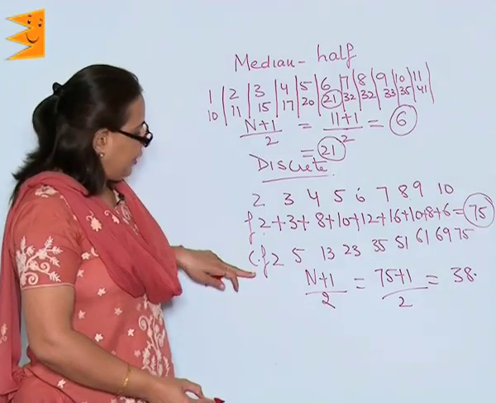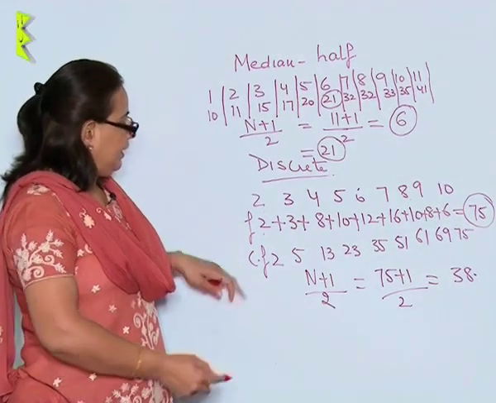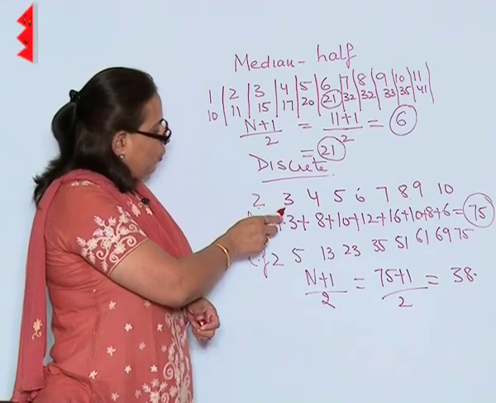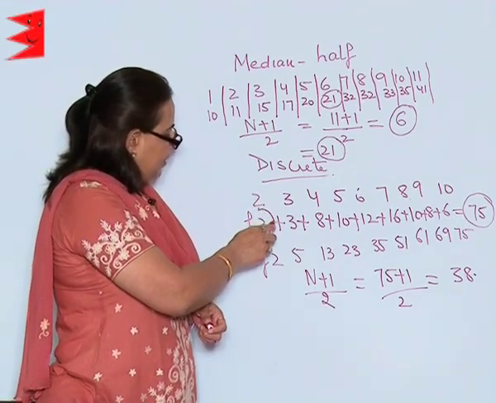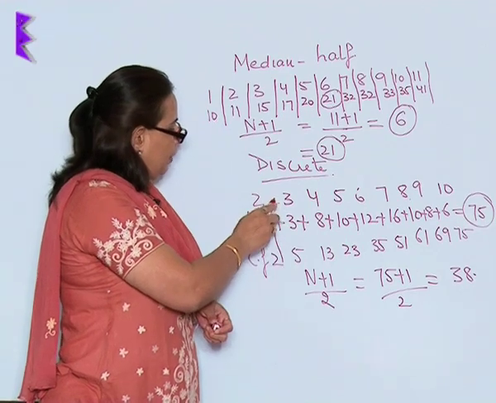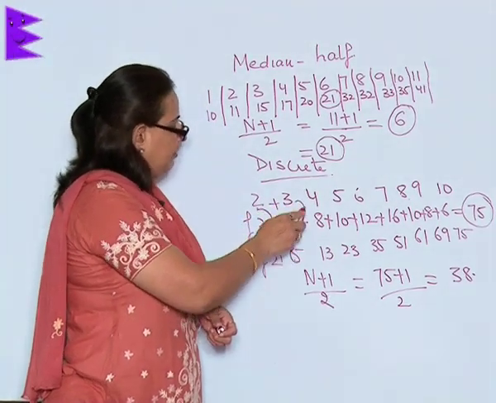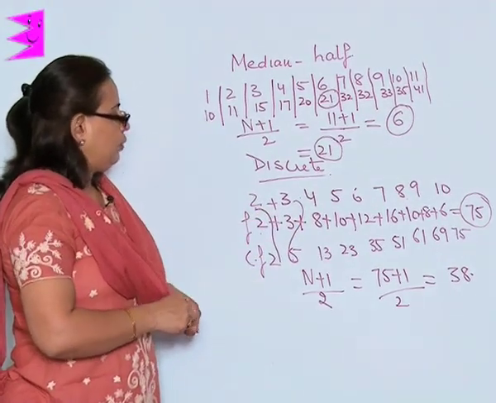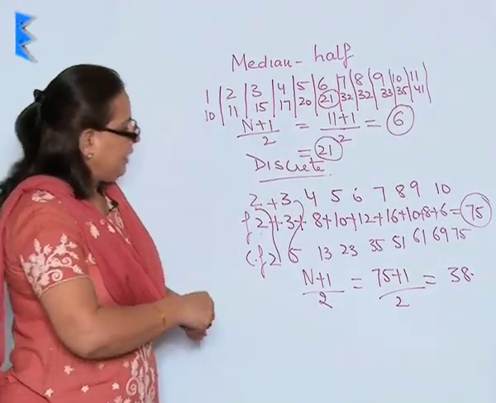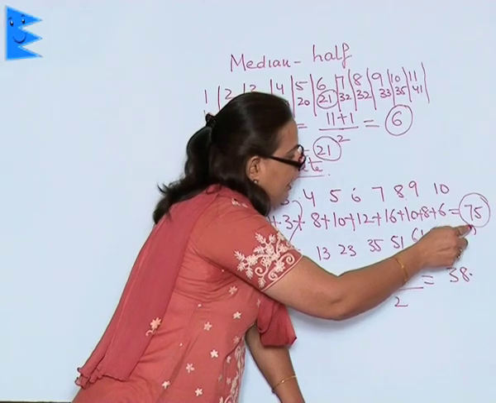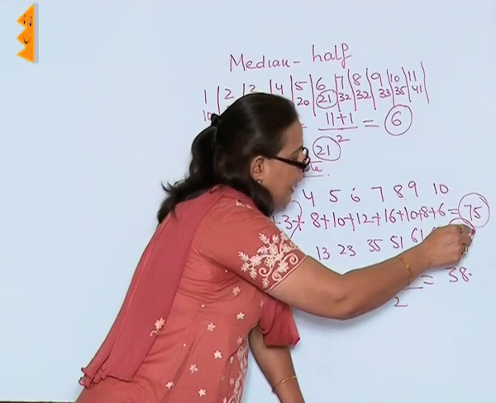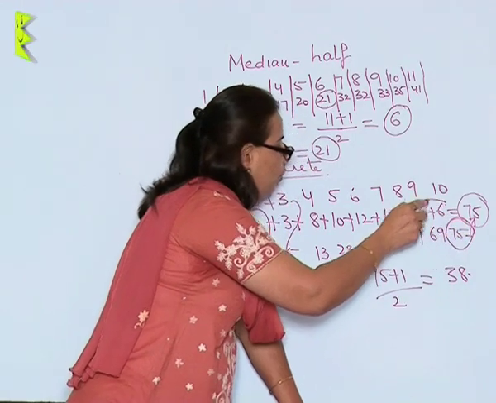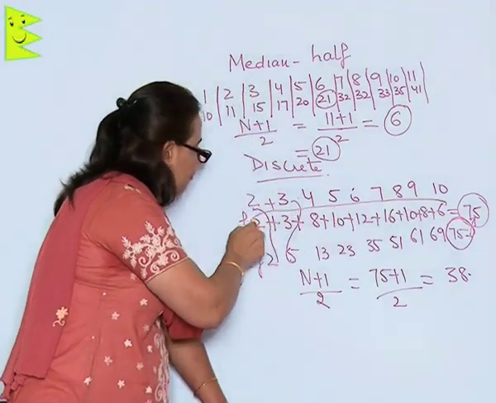Now, I will find out the cumulative frequency. In the cumulative frequency, I keep on adding the frequencies: the first one is 2, 2 plus 3 gives me 5, and likewise I keep adding on, and the total at the end is again 75, which is similar to the sum of the frequencies.